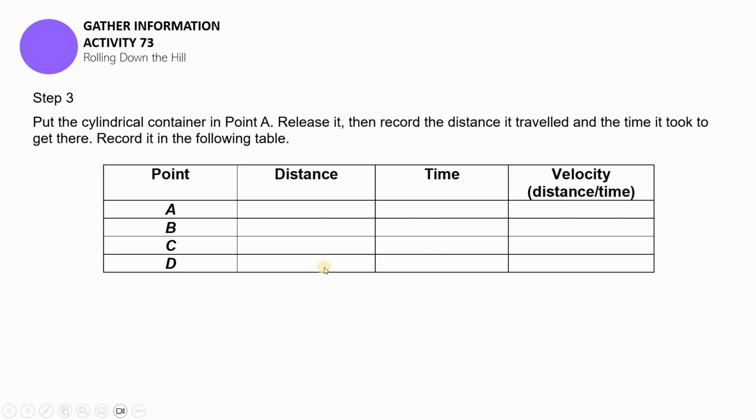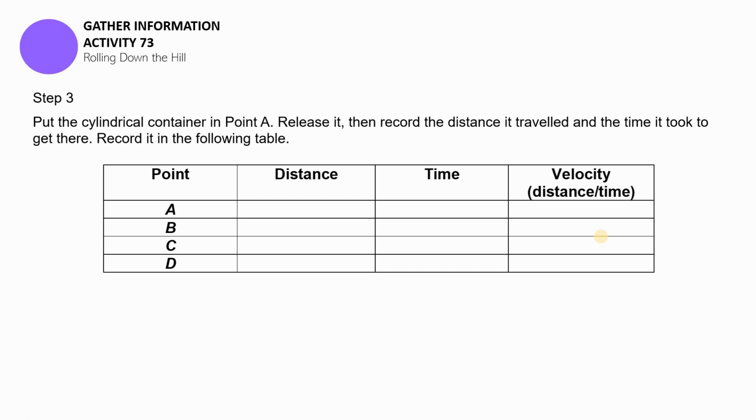You put it at C, record the distance and time, and compute for the velocity. And then put it at D, record the distance and time, and compute for the velocity. Make sure that your table is easy to understand. Make sure as well that you are following the correct formatting of the table. You may start doing the activity.